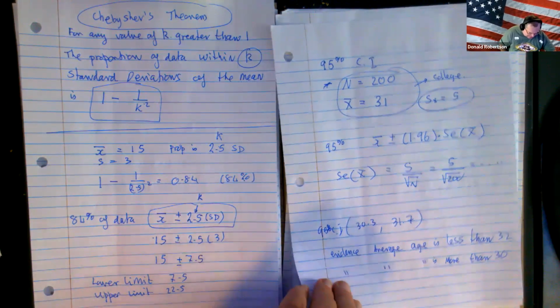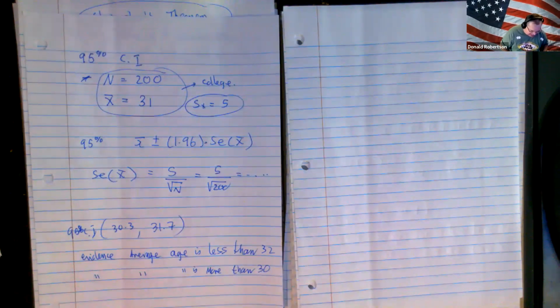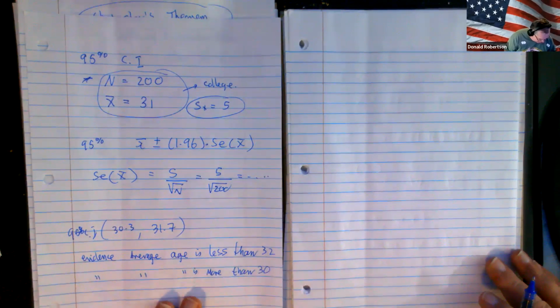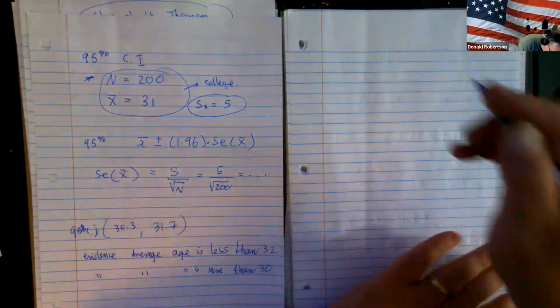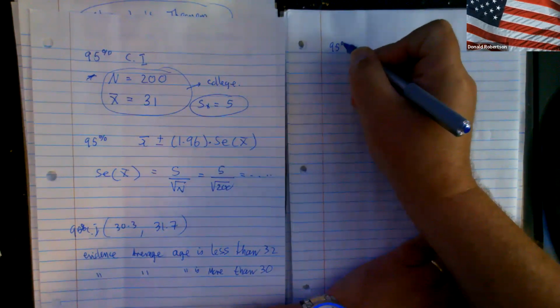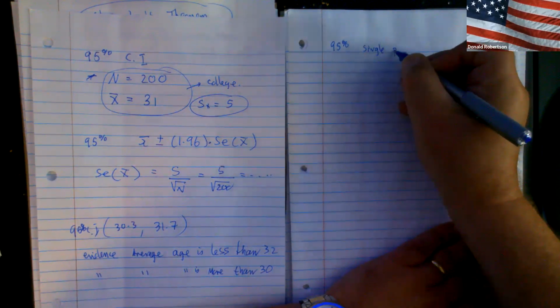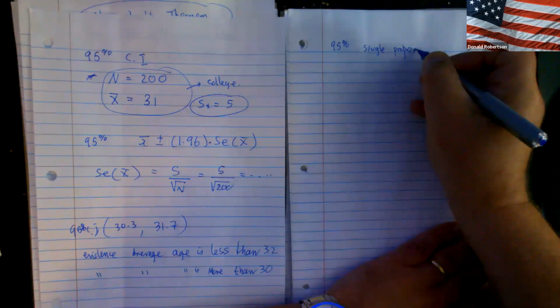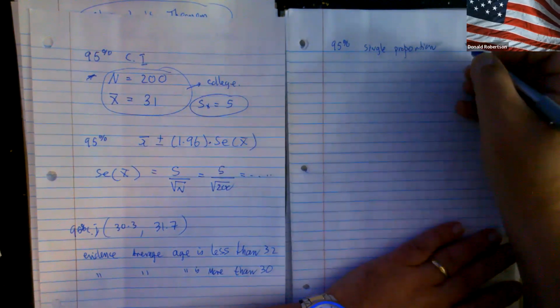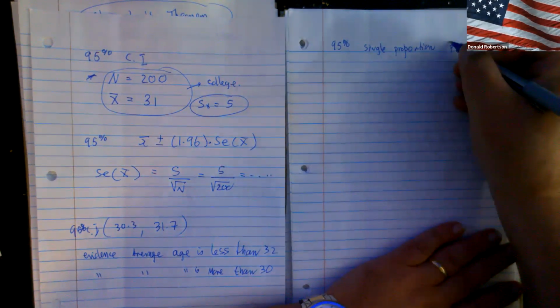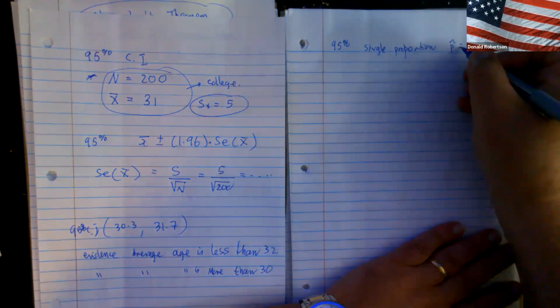Okay. Suppose I got a 95% confidence interval, and I did it for a single proportion. And that single proportion was the people who were going to vote for a candidate, right?